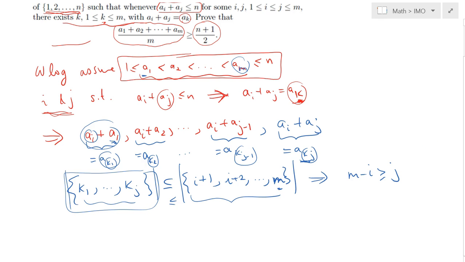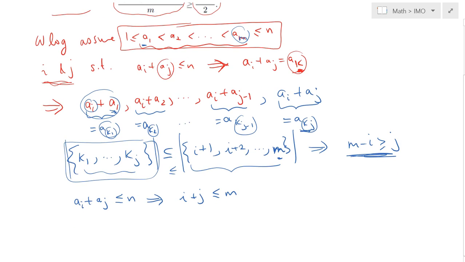So therefore whenever a_i plus a_j is less than or equal to n, it implies this result, that i plus j is less than or equal to m. So alternatively, equivalently, whenever j is less than or equal to m minus i, right?